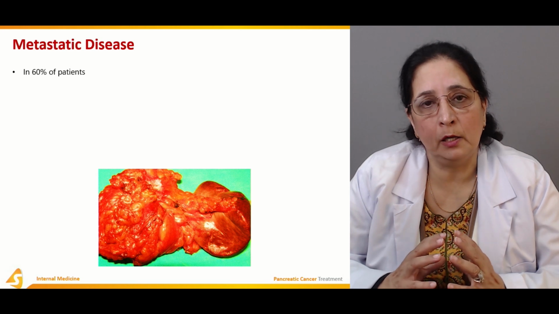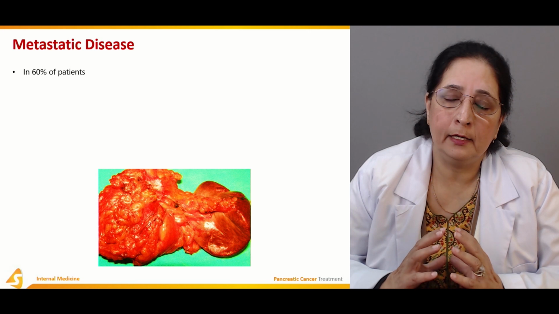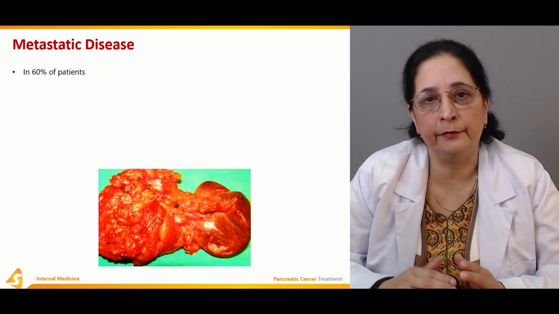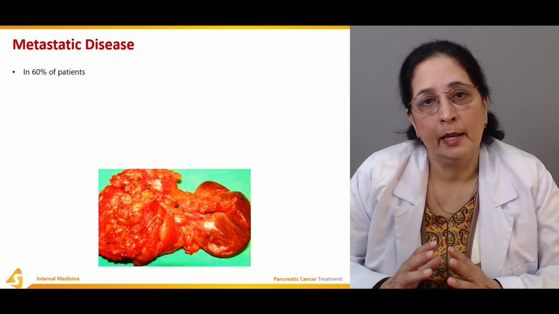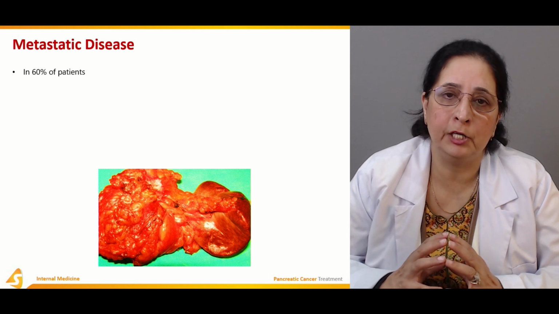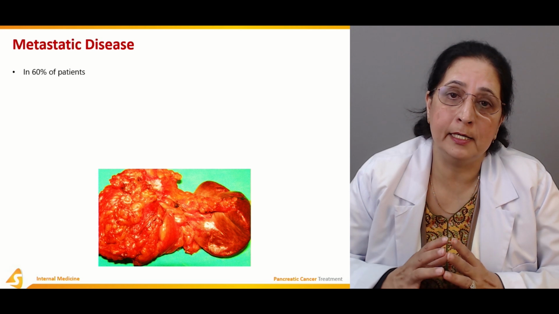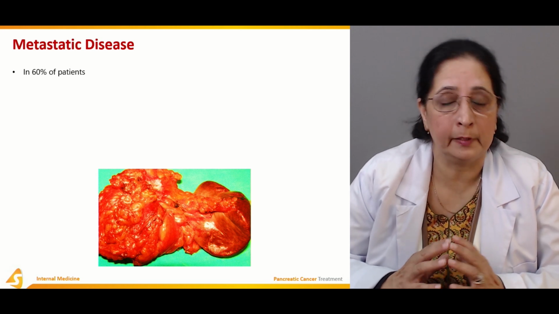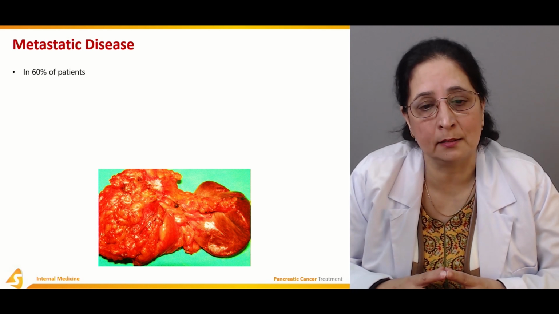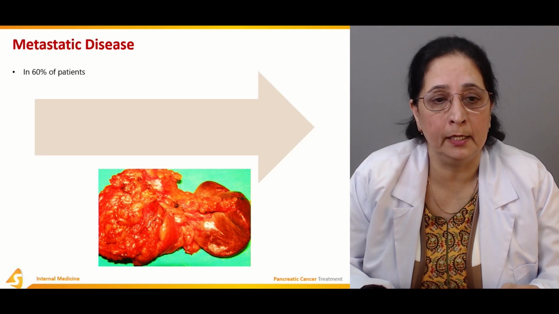That's why the prognosis is poor, and early diagnostic imaging should be done to differentiate between the inflammatory condition and the malignancy, so early treatment can be started. But in most cases, early diagnosis is not possible, and once the disease is diagnosed, it has already metastasized to distant sites. That's about 60% of the patients.